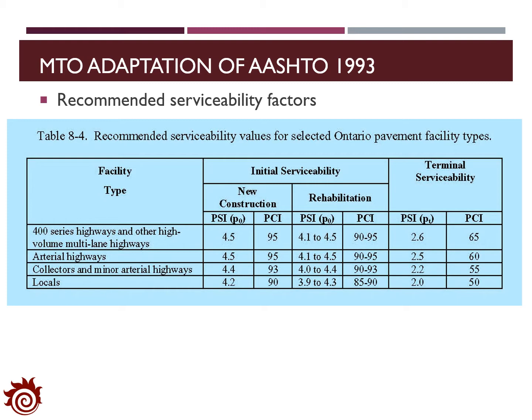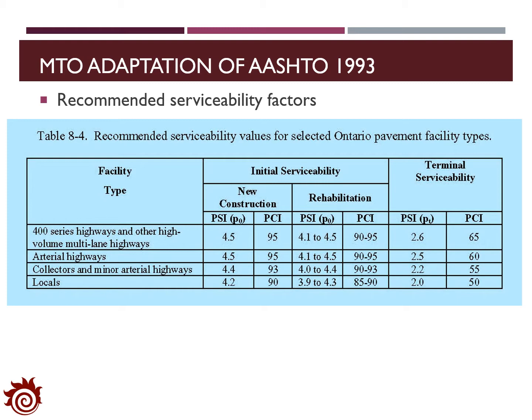For the other types of roads, the initial serviceability and the terminal serviceability values will be smaller. For the arterial highways, the PSI at the initial serviceability is set as 4.5, while at the terminal, it's set as 2.5.